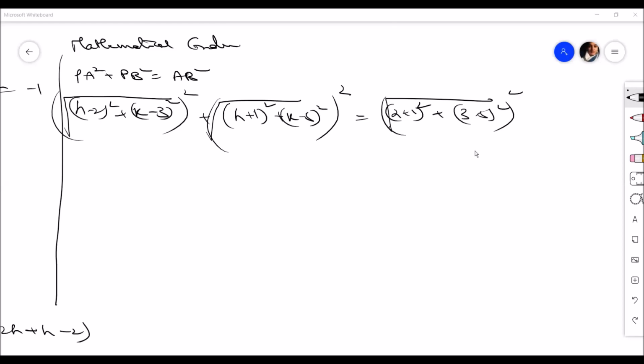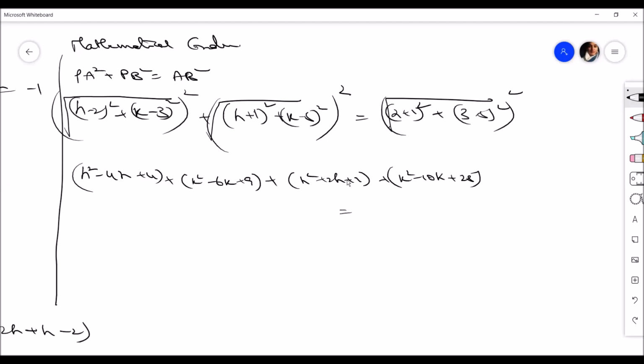So PA square plus PB square. This is what I have written. And then of course square root and square will get eliminated. So that will give you h square minus 4h plus 4. Just be very careful while you're writing the steps. k square minus 6k plus 9, plus similarly h square plus 2h plus 1 plus k square minus 10k plus 25 is the LHS, which should be equal to 3 square plus 2 square.